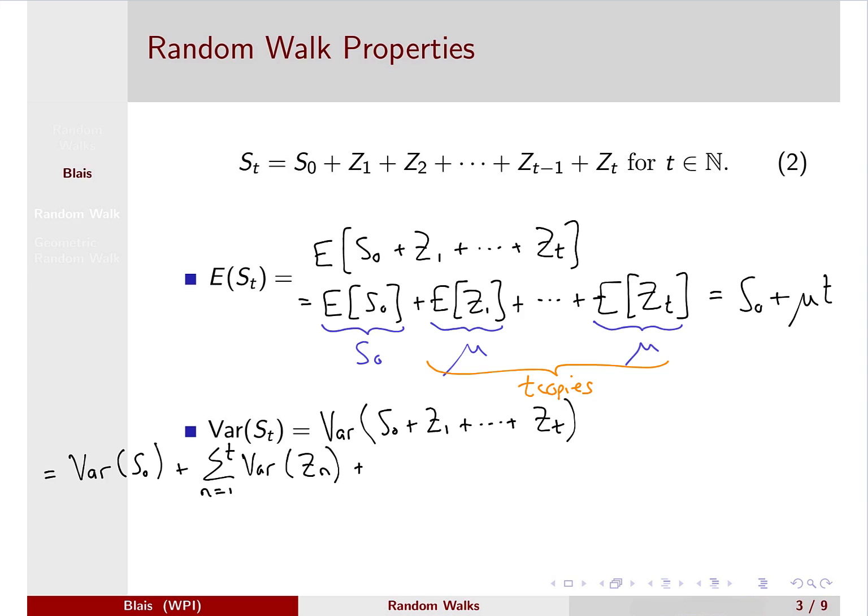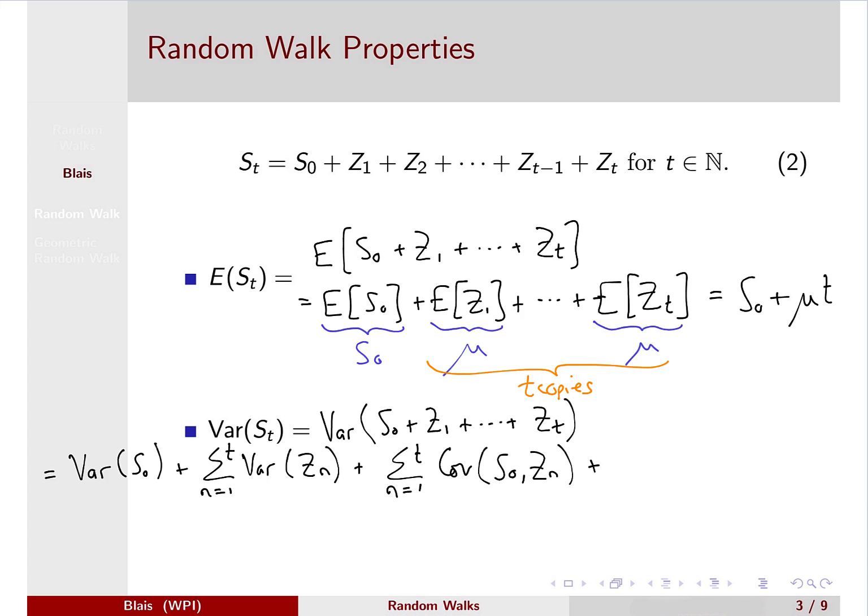But then we have some cross terms. We have S naught paired with every one of these Zn's, and you can think of it as every Zn paired with S naught. We get the sum, n equals 1 to T, of the covariance of S naught and Zn.